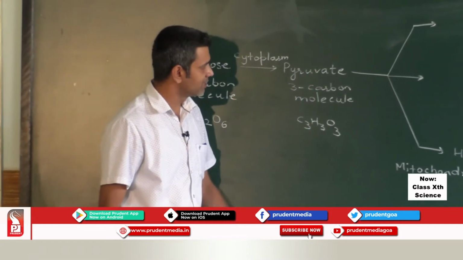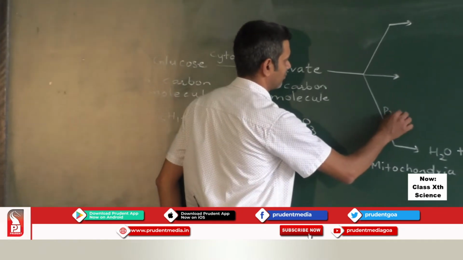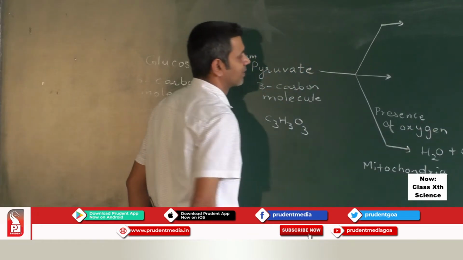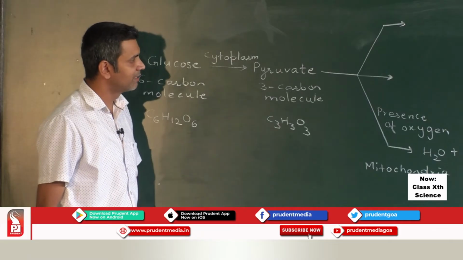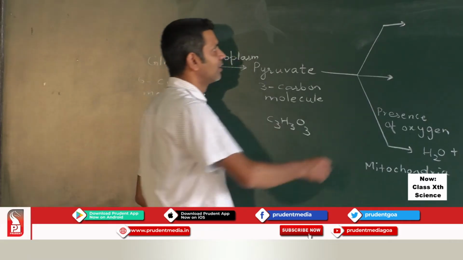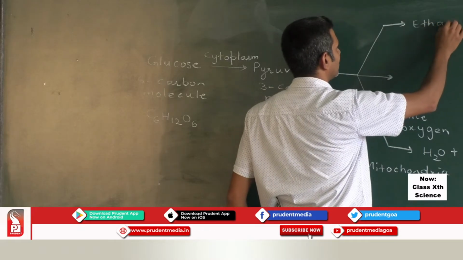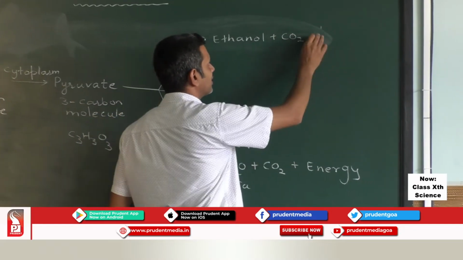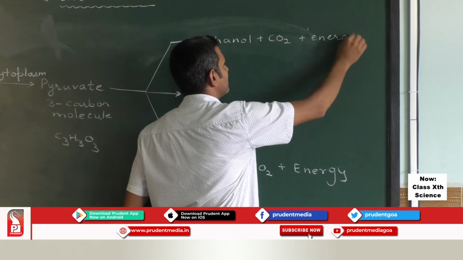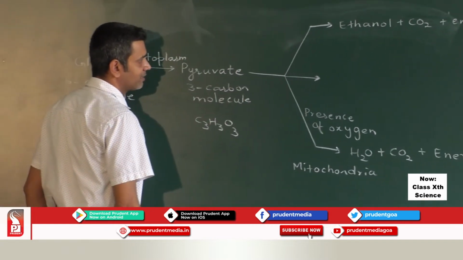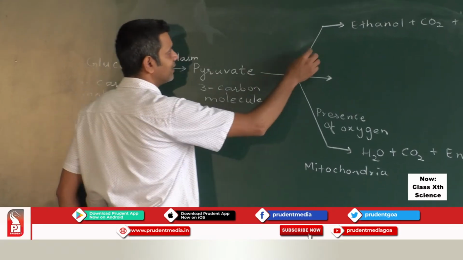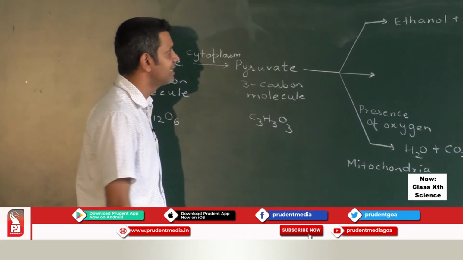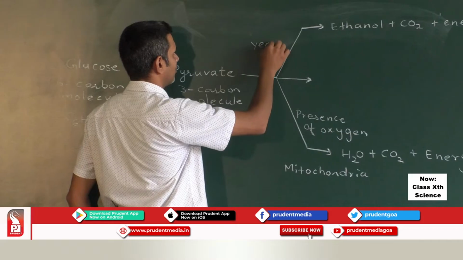That was in the presence of oxygen. In the absence of oxygen, pyruvate gets converted into compounds like ethanol, carbon dioxide is produced, and here also energy is released. This conversion of pyruvate into ethanol, carbon dioxide and energy in the absence of oxygen takes place in yeast.